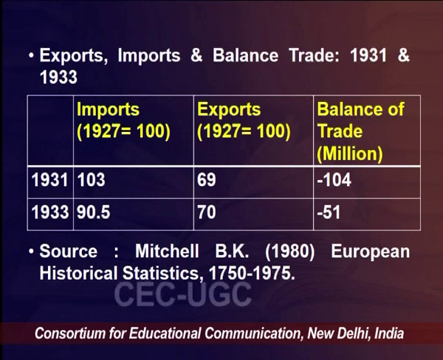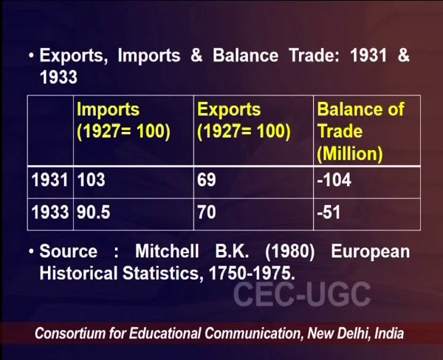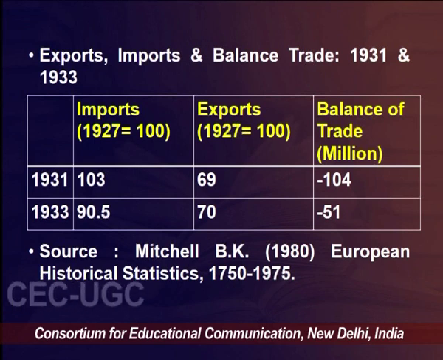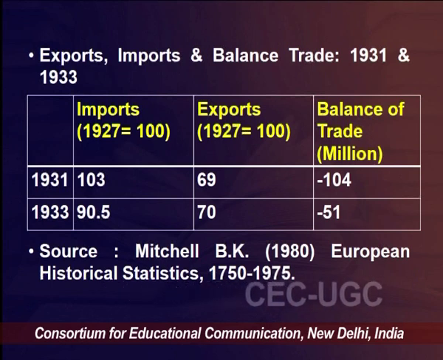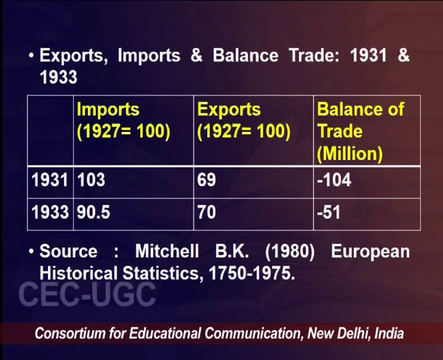And if you see the 1931 situation and the 1933 situation, we find that imports in Britain decreased during this time, and there is some marginal increase in the exports.